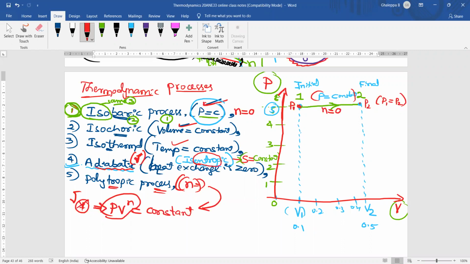Okay, dear students, I think you know a little bit of mathematics here. If you substitute n is equal to 0, what will you get in this equation? PV to the power of 0 is equal to constant. What will you get? V to the power of 0 is what?